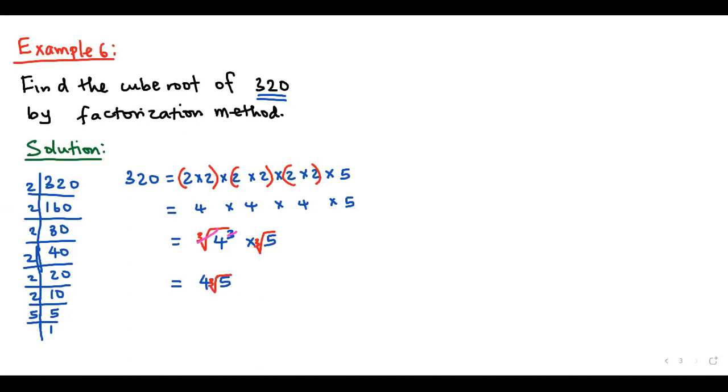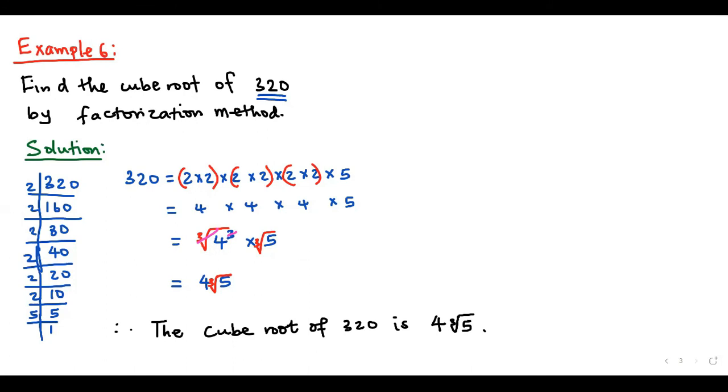Therefore, the cube root of 320 is 4 cube root of 5. So that's how we can write the cube root of 320 if we use factorization.